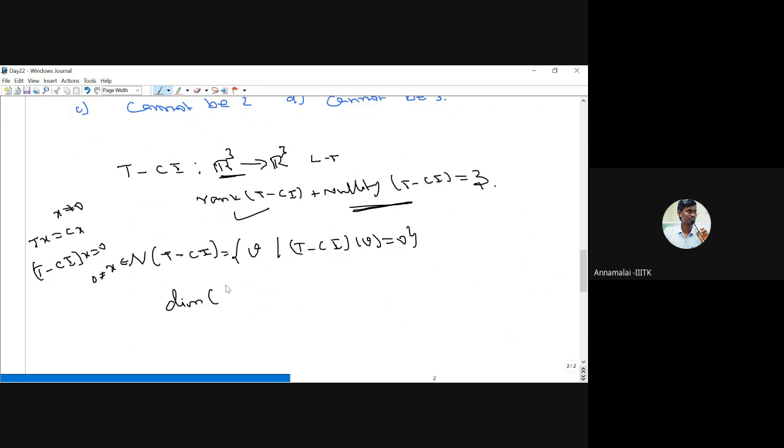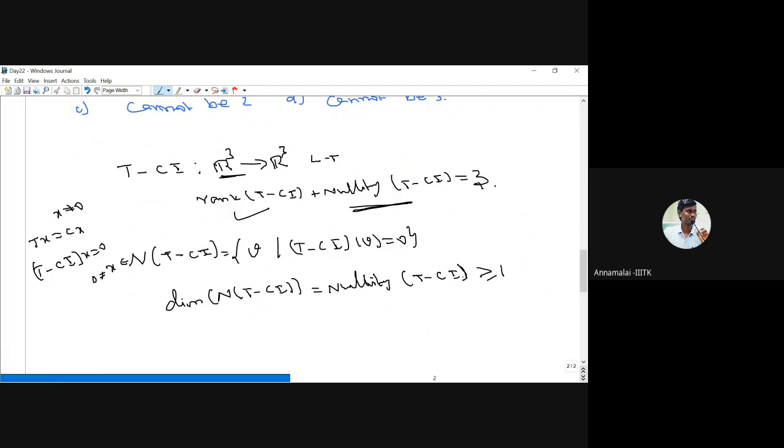A subspace has dimension 0 only when it contains the 0 element only, but the null space contains a non-zero element, namely x. Therefore the dimension of the null space of T minus cI, which is the nullity of the operator, is at least 1.